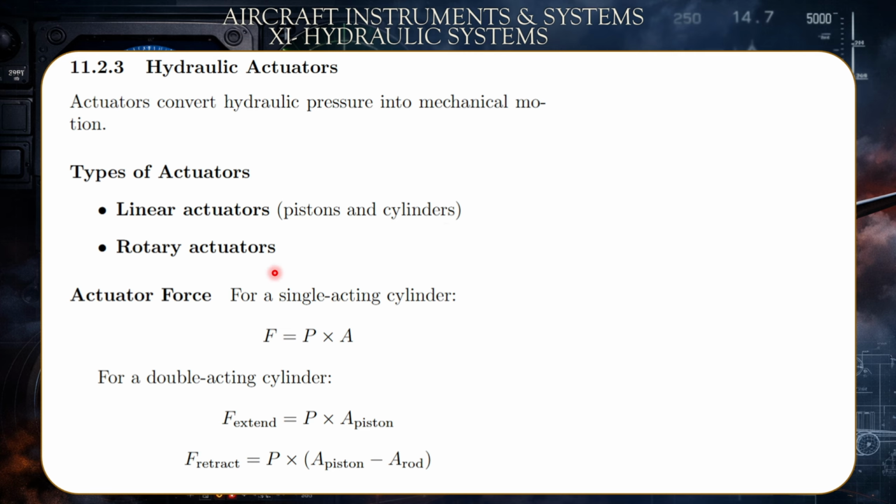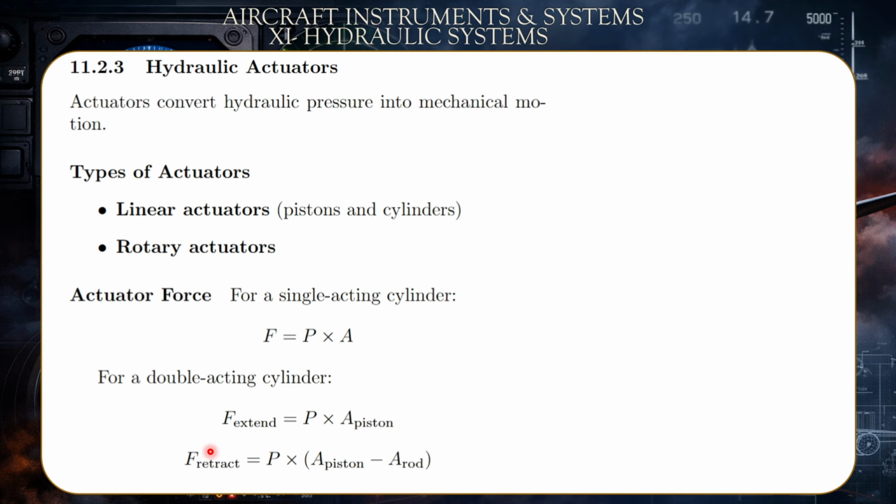The actuator force for a single acting cylinder is given by F equals P multiplied by A, where A is the area of the piston or cylinder. For a double acting cylinder, F extend is equal to P multiplied by A piston.